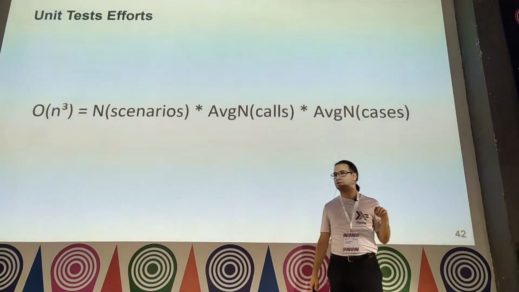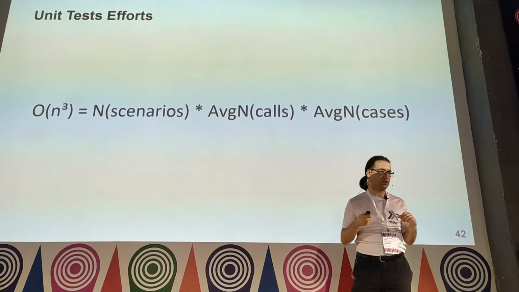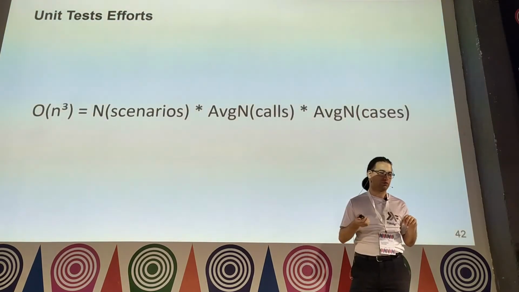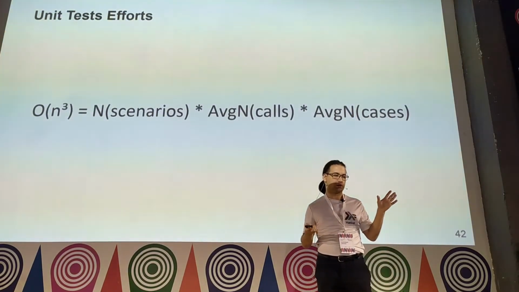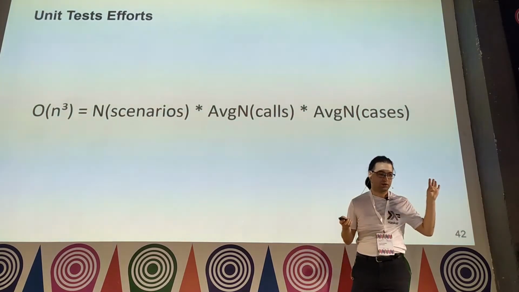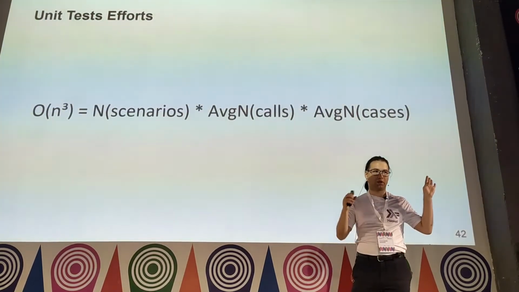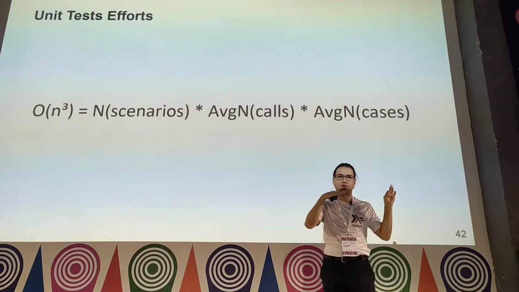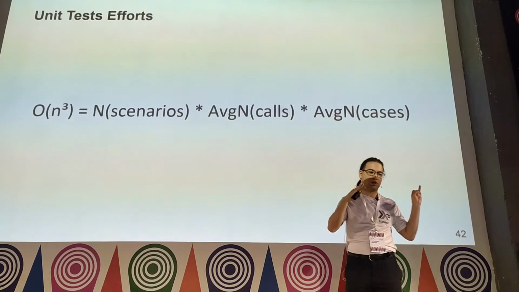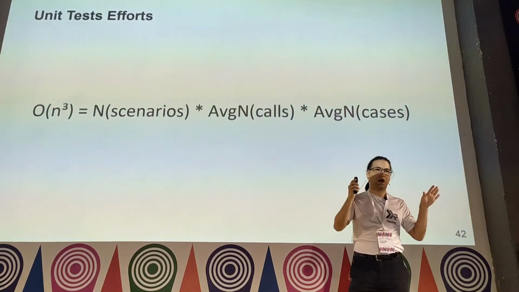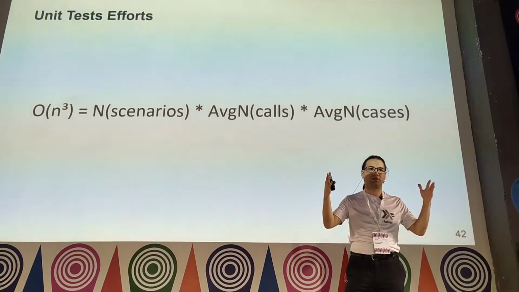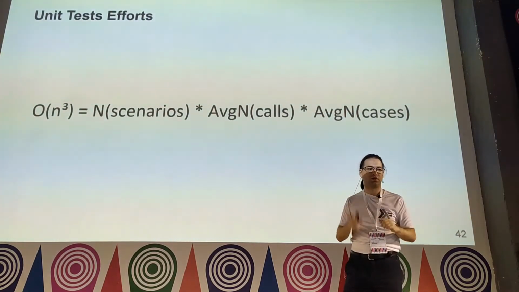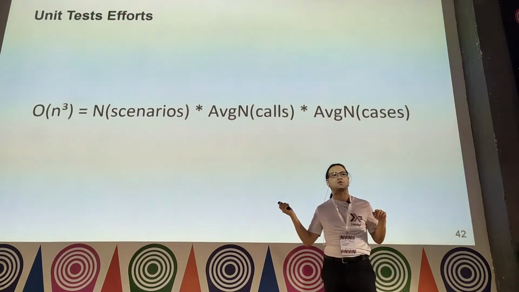And I believe the complexity of writing tests is like O(n^3), because you firstly need to write unit tests for all scenarios. Secondly, you need to adjust your unit tests for all types of calls in every scenario. And thirdly, you need to count all the edge cases happening in your scenario, and so you need to test those tiny things, and the complexity explodes, right?